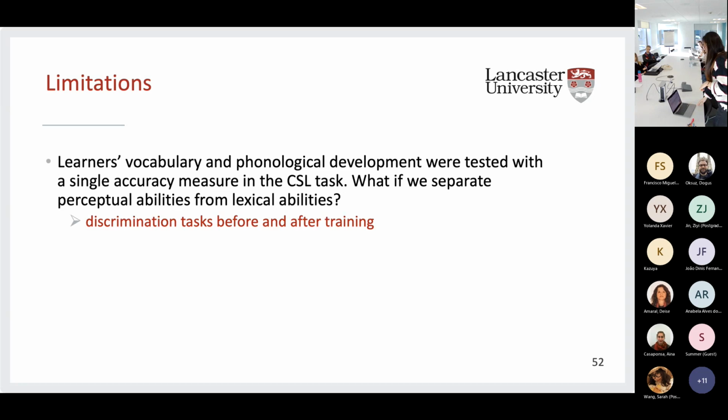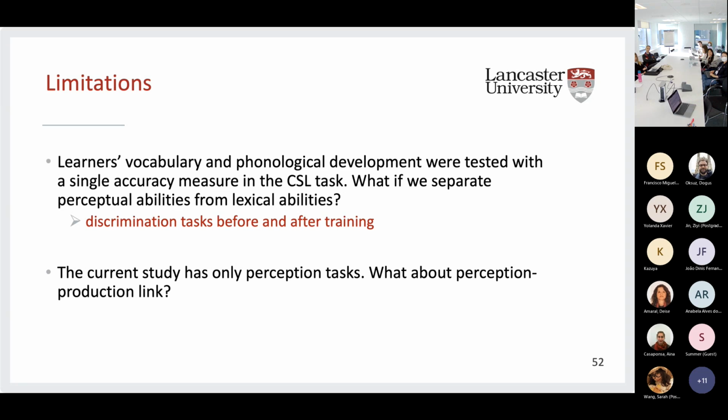What if we separate perceptual abilities from lexical abilities? Would that make a difference? So in the next experiment I'm running, my experiment 3, I'm going to add a tone discrimination test before and after the CSL, the cross-situational learning task, and see if there's a difference.